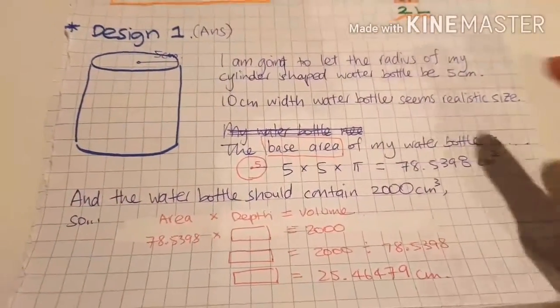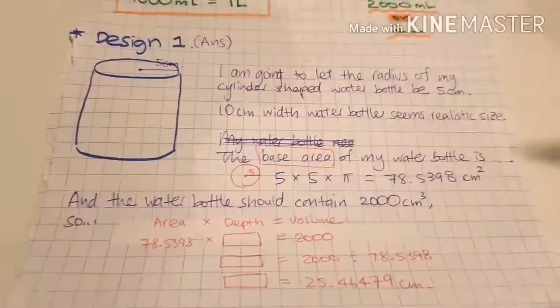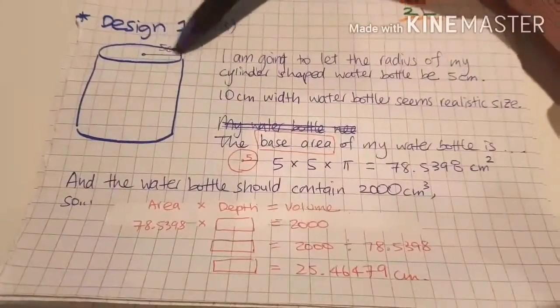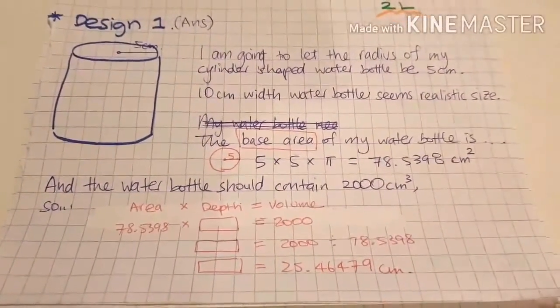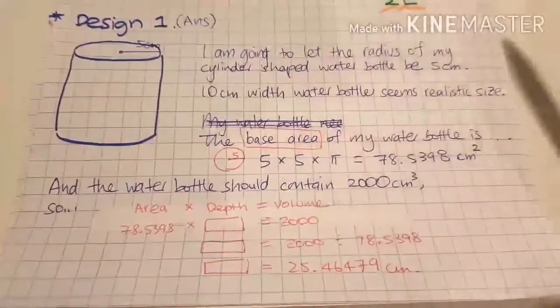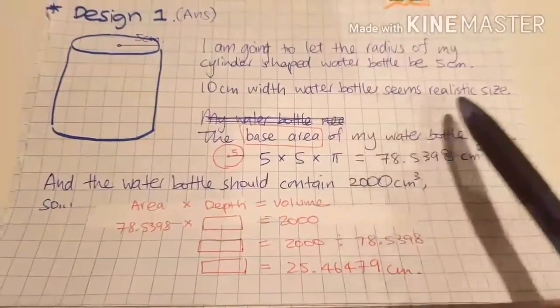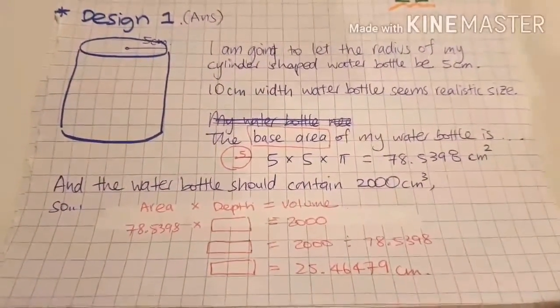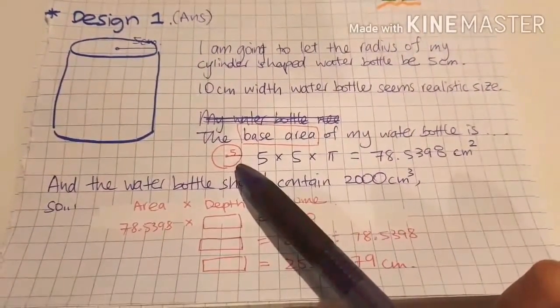So I let the radius be 5, so the width will be 10 centimeters, so it's reasonable. I wrote it down here: 10 centimeter width of the water bottle seems to be a realistic size, so I'm happy with it. The base area is now a circle.